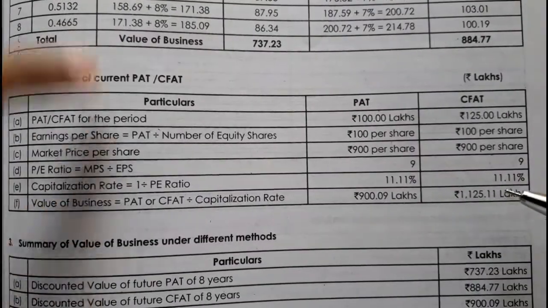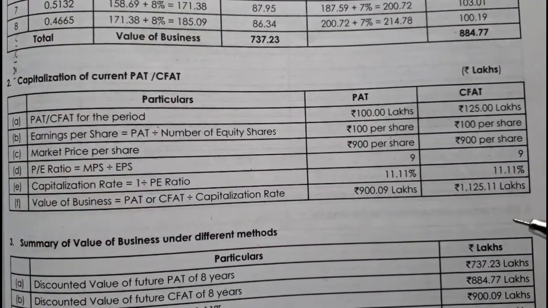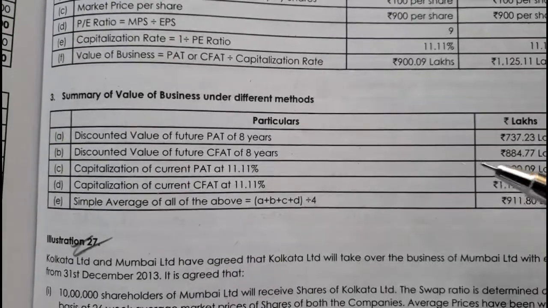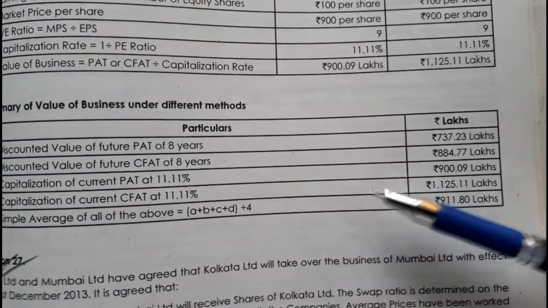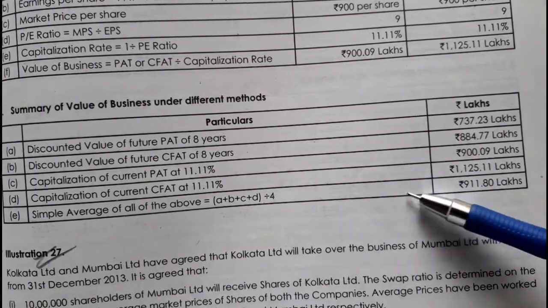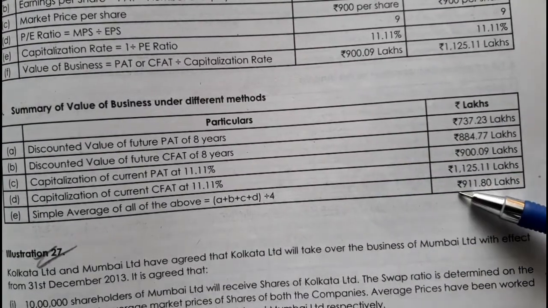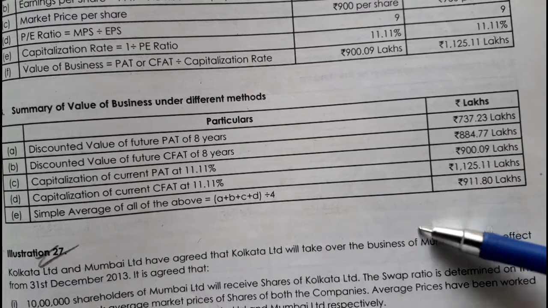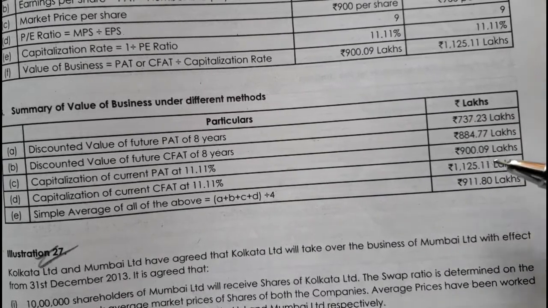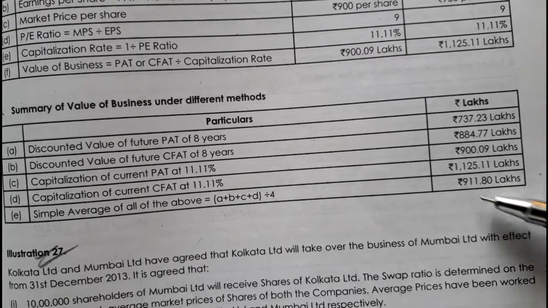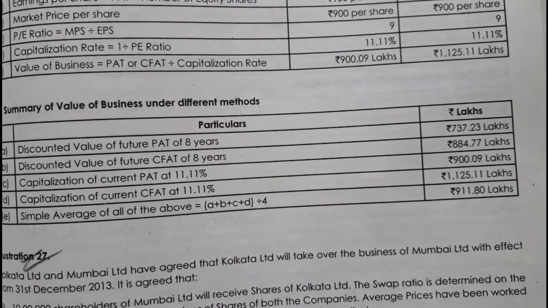In both methods we have found the value of business. Here the summary has been given for profit after tax through the discounted way and capitalization value, and the average has been found by adding all 4 and dividing by 4, and we get 911.80.